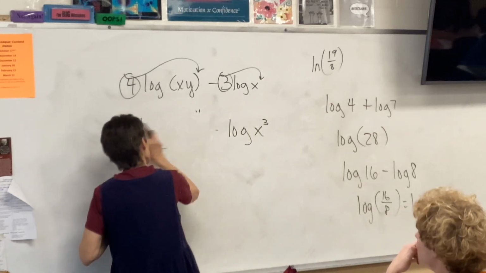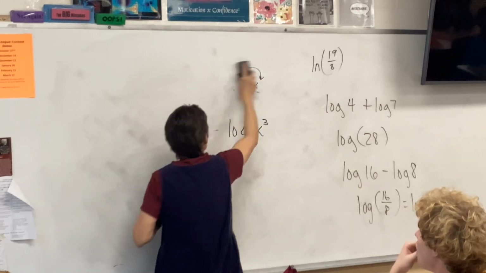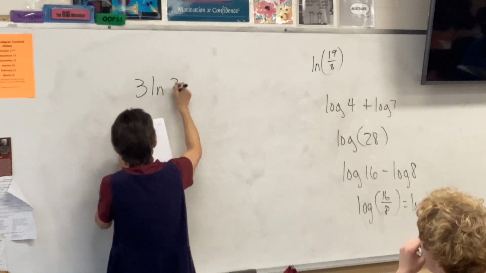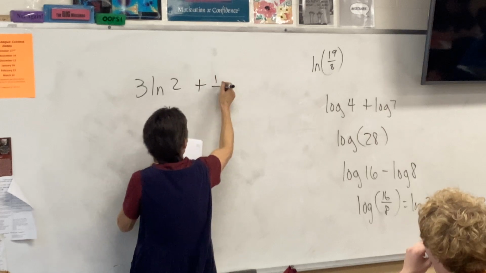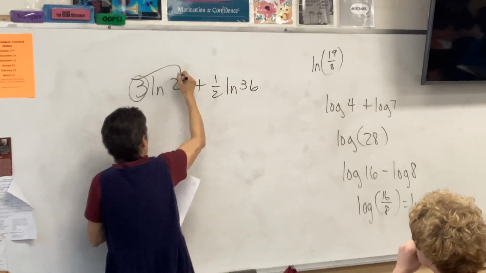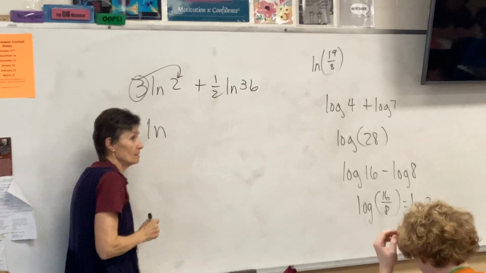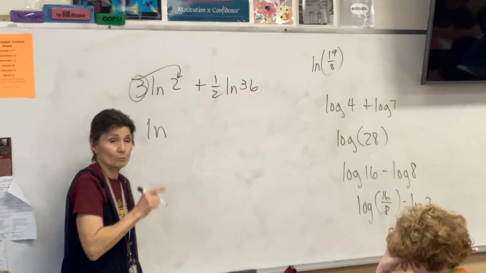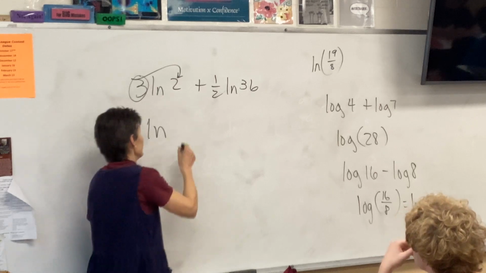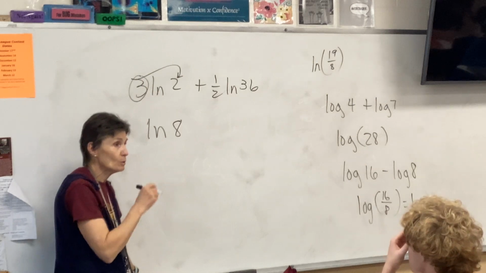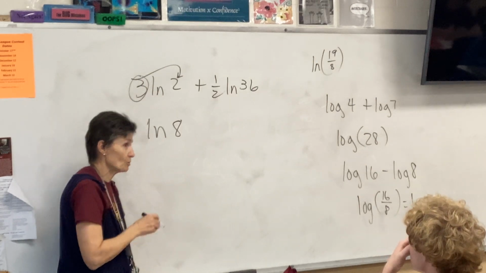Back to coefficients. What do we do with the 3 out in front of that ln? It becomes an exponent. So now I have ln 2 cubed. What's 2 cubed? 2 cubed is not 3. 2 cubed is 2 times 2 times 2. That's 8.